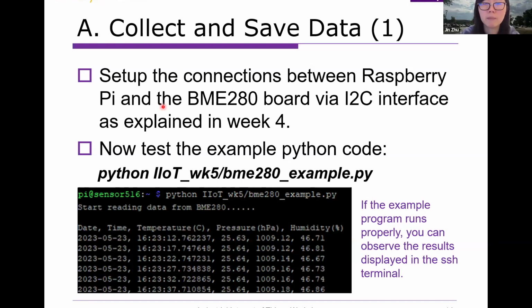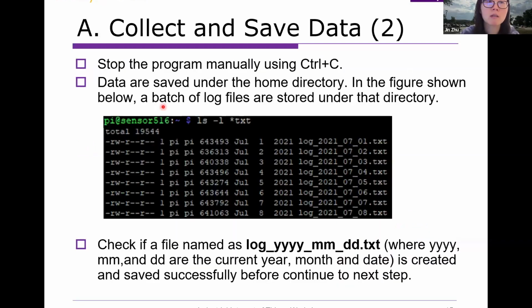Otherwise, that means maybe the I2C connection has some problems. You have to adjust so that you can go to the next step. Once you do this, you can exit from that program, and then check if there's any data created.